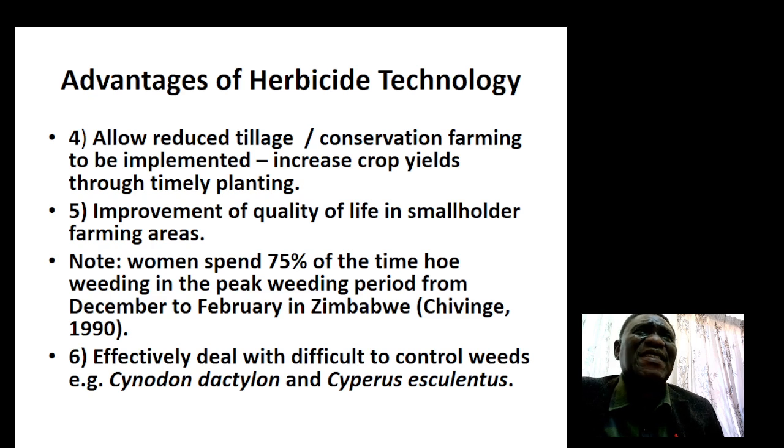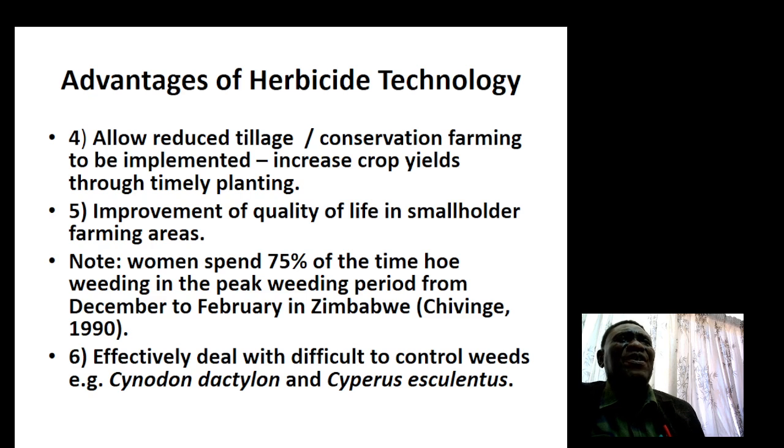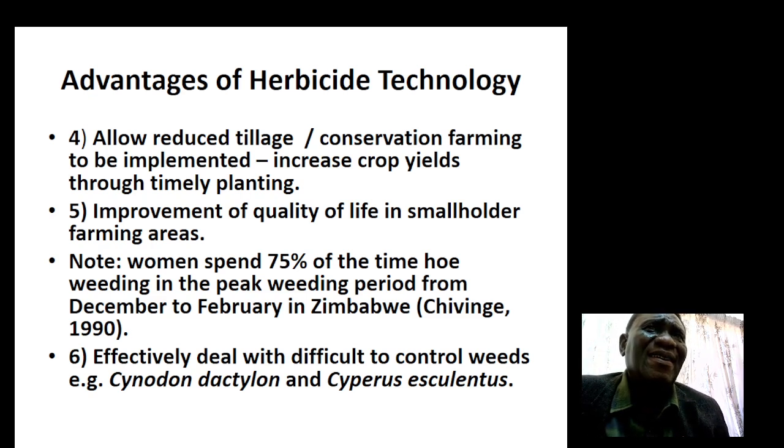You know, conservation agriculture or Pfumvudza is a climate smart technology which can increase crop yields through timely planting. Its efficiency can be increased by the application of herbicides.